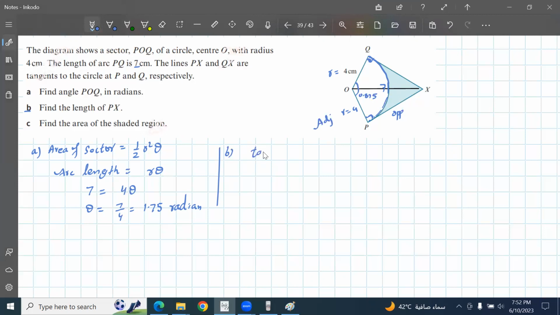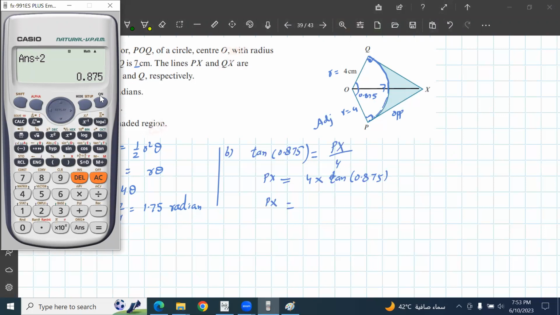So we can apply tan 0.875, which is equal to opposite, PX, over r. So we are looking for the PX length: PX equals 4 multiplied by tan 0.875. After this you can check on the calculator.